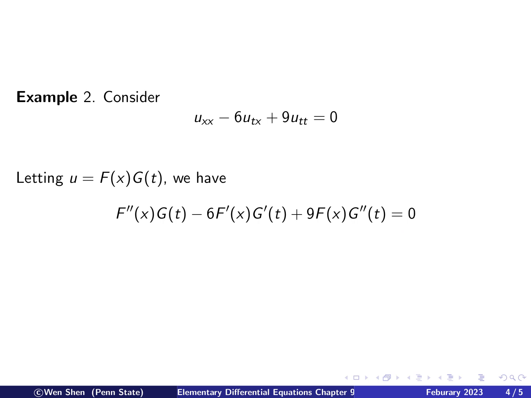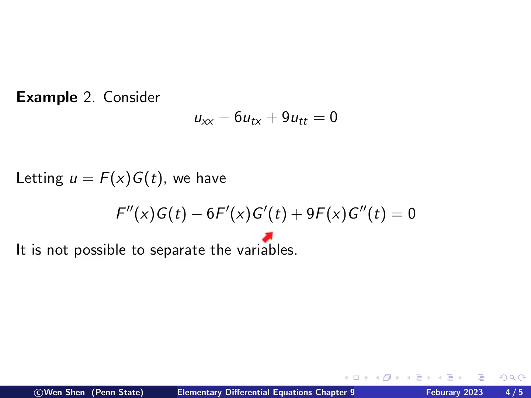So we see that we now have three terms, even though each term is a product of two terms, one involving x, one involving t. But there are three terms, so we can't really put them into two sides of the equation, only dependent on x on one side and t on the other side.